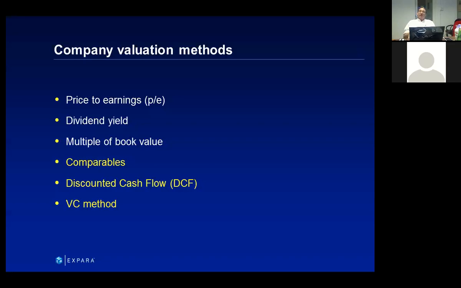The high end tends to get cut off in Southeast Asia because exits tend to be smaller, but still I think it's a reasonable comparable range to begin our valuation exercise with. So we'll assume that a fair valuation for a company should fall somewhere within this range. Although the range sounds small, it's still a huge difference because the higher end of the range is triple the lower end.